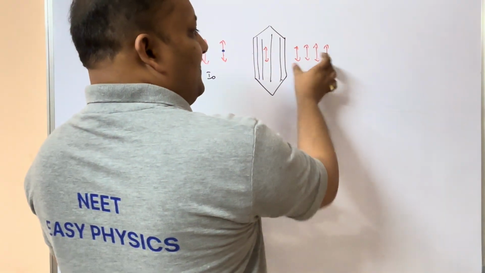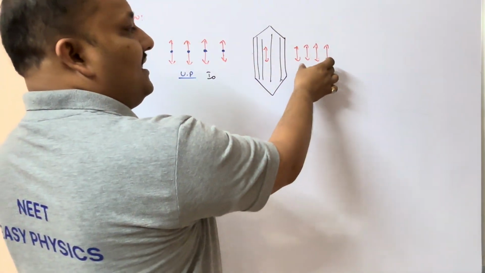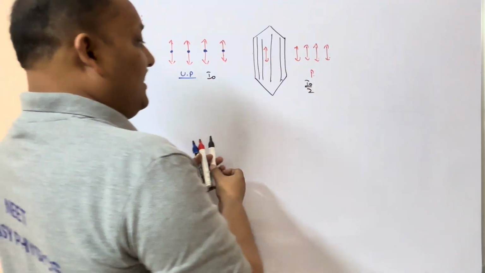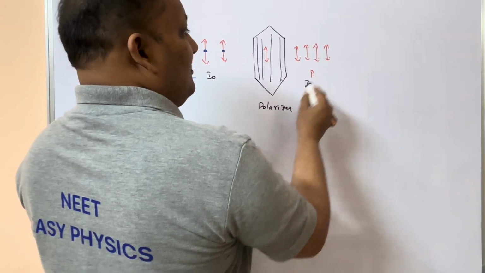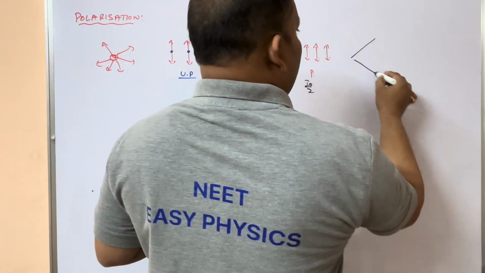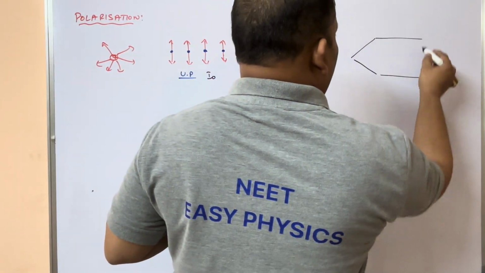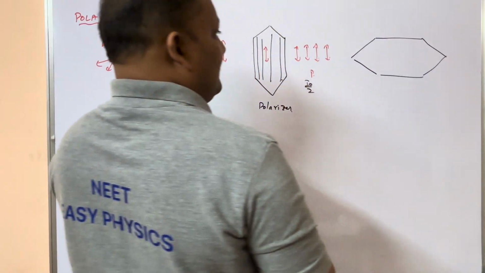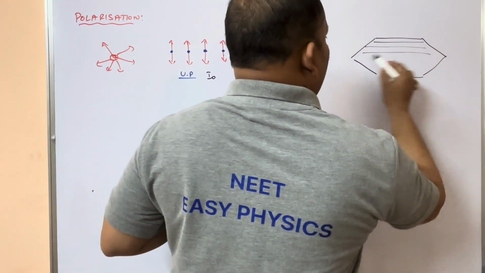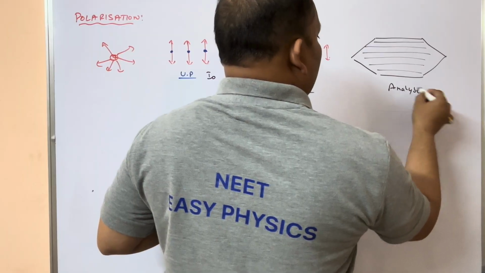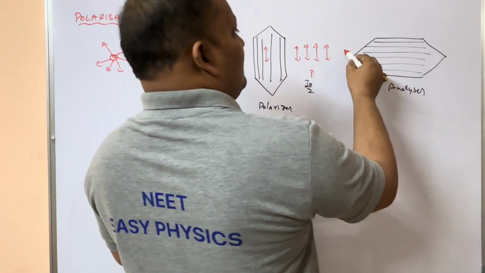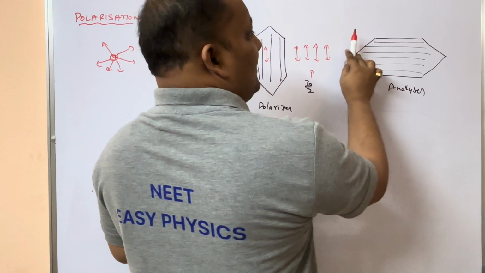To cross-check whether we got completely polarized light or not, this is the polarizer. We will use an analyzer, which makes an angle between their axes. Whenever we take the analyzer, all these arrow components will get stuck by this.